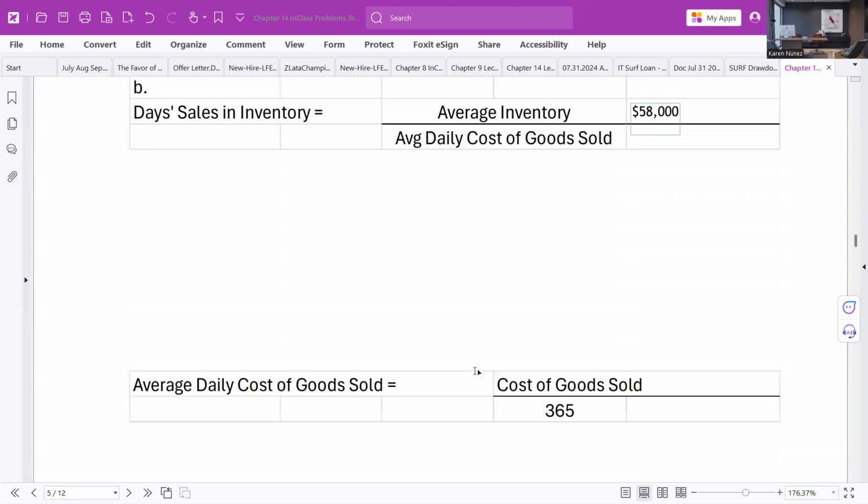It's just cost of goods sold divided by 365. We divide that 365 days into the 696, so on average our cost of goods sold is about $1,907 per day. On average, we sell goods that cost us $1,907 a day.